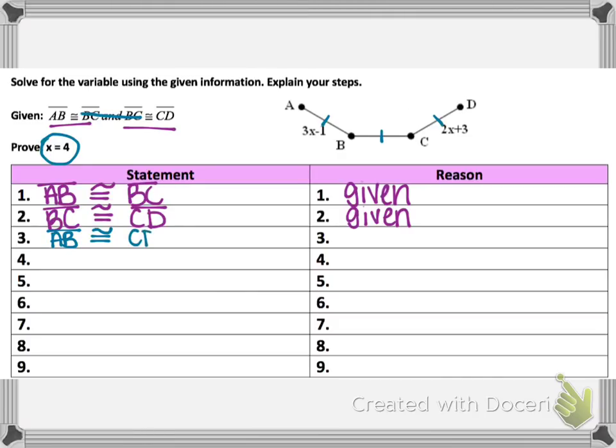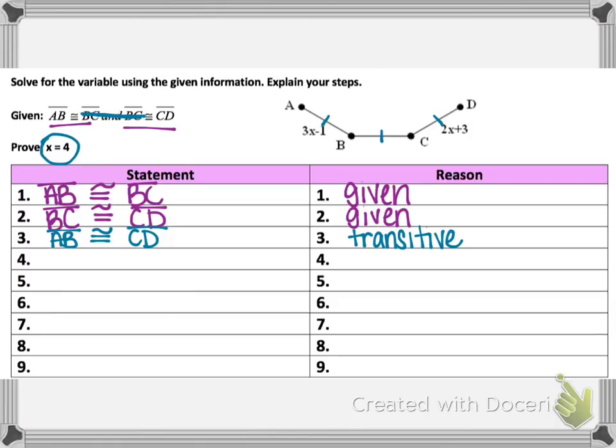And if you take a look, that middle guy just kind of went away. Like I drew up here, that BC just kind of went away. So when those guys kind of run into each other and that guy goes away, that's going to be the transitive property. If you tell me substitution there, I would understand, but the way that it kind of lends itself to transitive property just a little bit more.